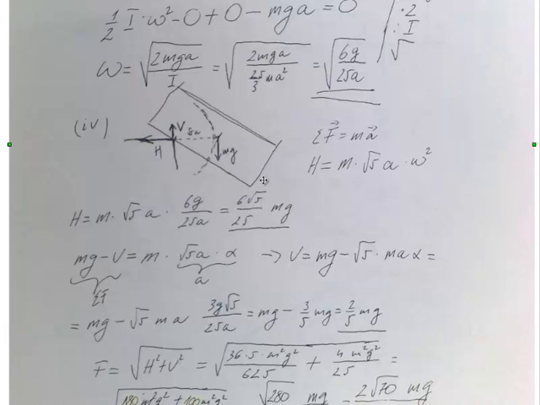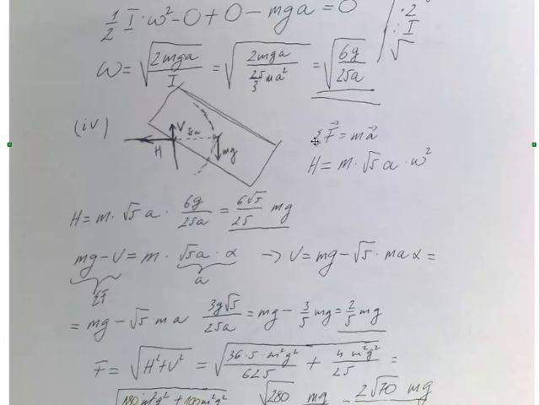This rectangle rotates, so force is equal to m times acceleration. The acceleration is the radius times angular speed squared. This is the radius, it is here, and we substitute the angular speed, it is here, and when we simplify by a, we get this value.